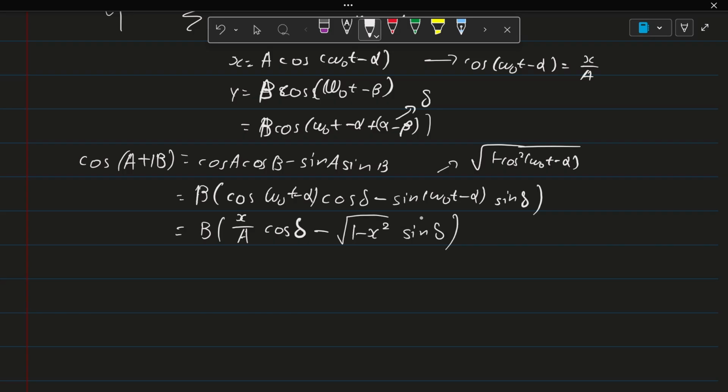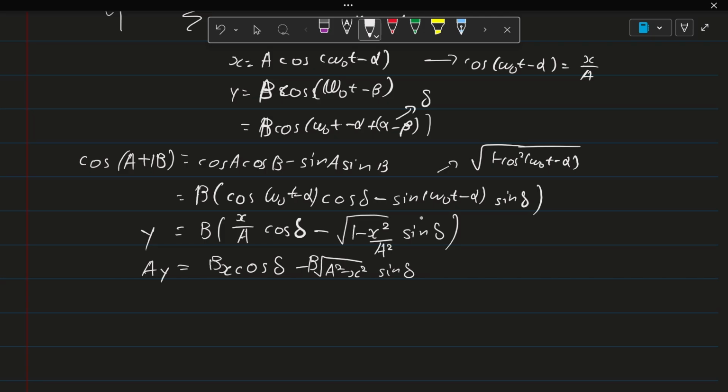Oh, sorry, this is x squared over a squared. And this would be the y. And so we can multiply both sides by a. So we would get a y equaling b x cosine delta minus the square root of a squared minus x squared sine delta.